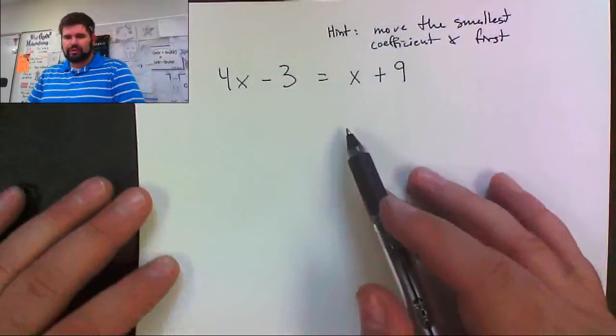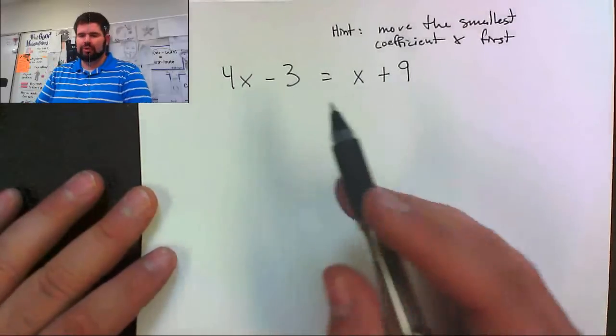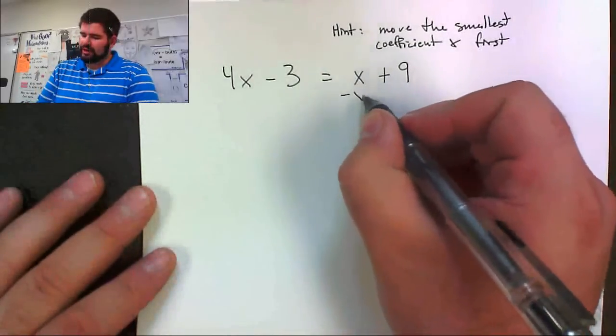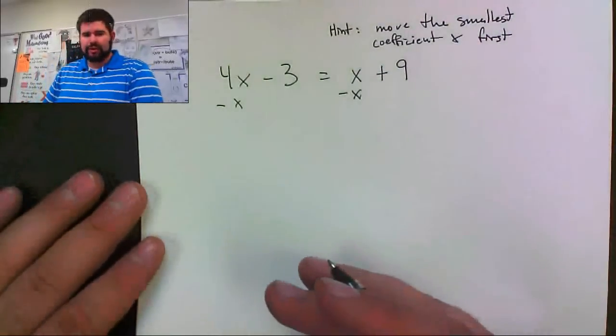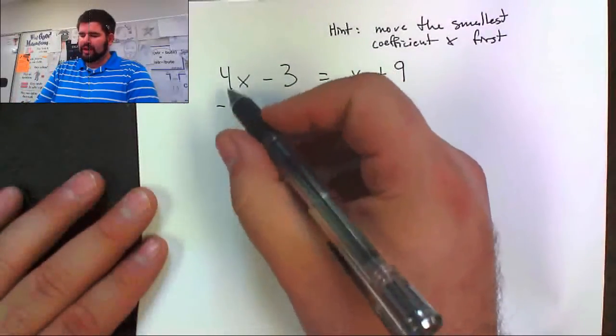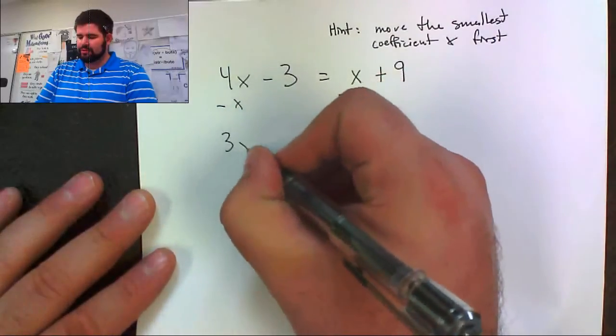So I want to move the smallest coefficient x, which is this guy, to the other side, and I do that by subtraction. I'm going to subtract x here and x there, and I'm left with 3x, because you're taking away 1x from 4x.